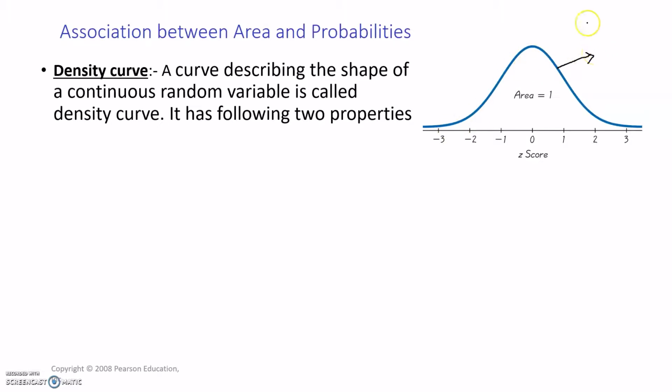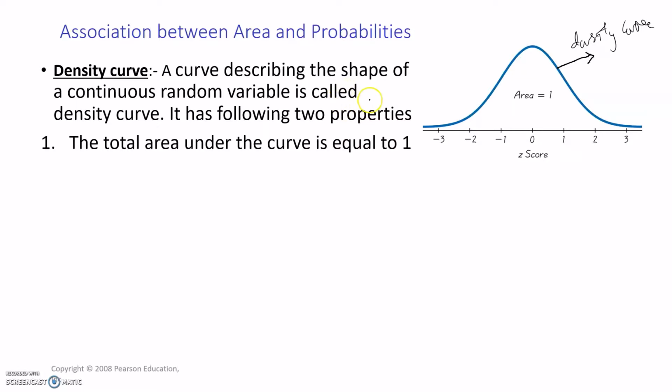This curve is also called the density curve. A curve describing the shape of a continuous random variable is called a density curve. And it has these properties. What are these properties? Number one, the total area is 1. This total area I'm talking about, the entire area, is 1.